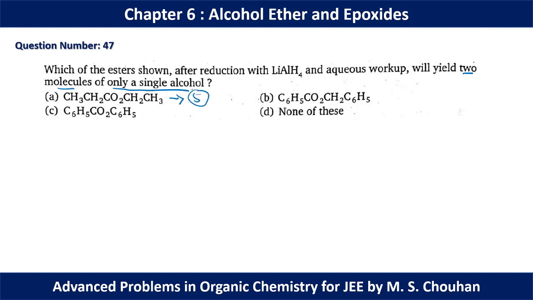It cannot be split into equal halves. In option C, you have 6 plus 6 is 12 plus 1, again 13 carbons, an odd number. This cannot be split into equal halves. But in this case we have 6 plus 6 plus 2, a total of 14 carbons, which can be split into equal halves, and 7 carbons will be present in each molecule.